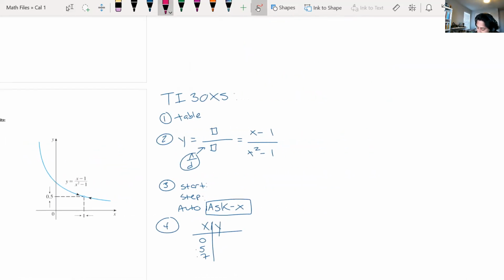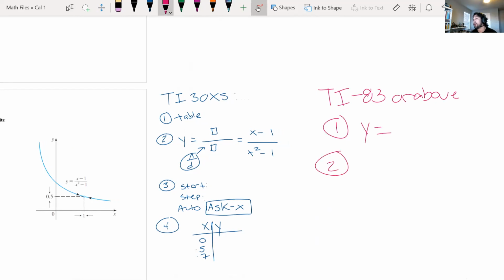If you're using a TI-84, 83 or above, see if I remember this. 1, you'll hit the Y equals button. 2, you might have to do classic input, or if you find the fraction button on your calculator, great.